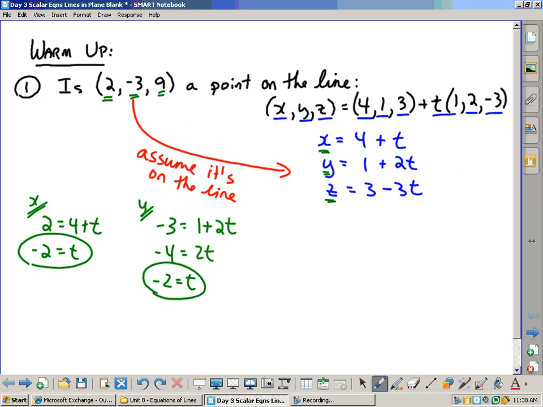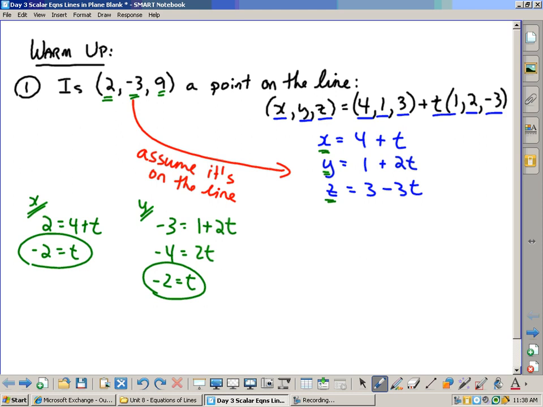So this is good. That means there's a chance that there's a single t that's going to spit out my coordinates, because I found that the t is the same for the x component and the y component. Now I'm going to test the z. If the z also gives me a negative 2, then there is one single value of t that satisfies this, and it is on the line.